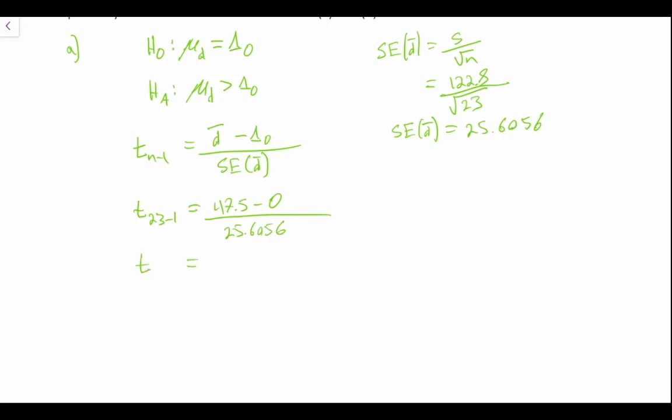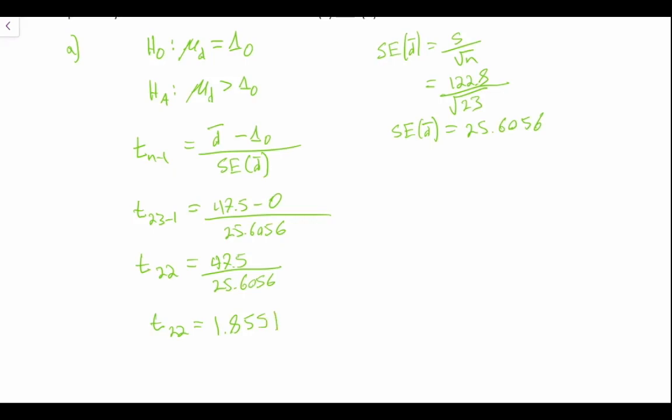So this is t at 22 degrees of freedom is equal to 47.5 divided by 25.6056. Gives us a t-statistic at 22 degrees of freedom of 1.8551.